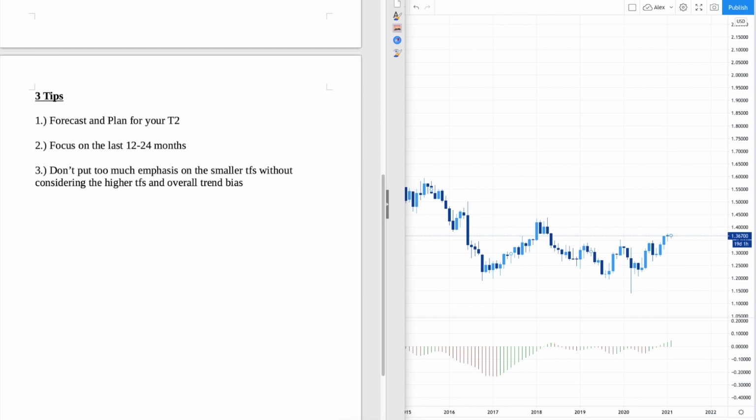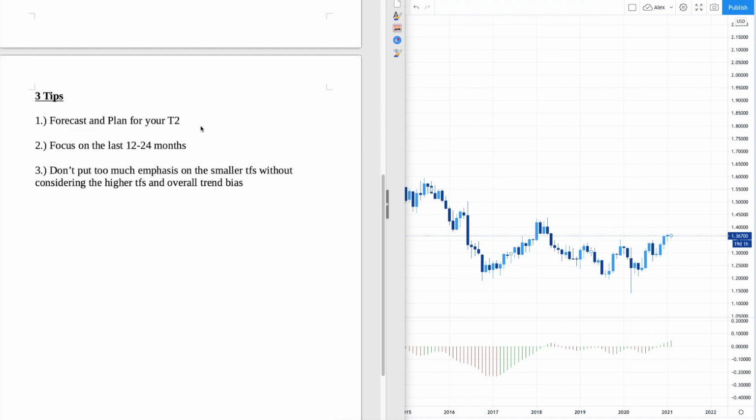It's like they're looking for some Superman-style heroic trade, and then they can brag to all their friends and massage their ego and say, look at me, I risked 10 pips and I made 100. And it's just like, well, you've got nothing to prove to anyone but yourself. So don't get too overzealous with your trading. Don't get too excited. So of course, forecast and plan for your T2, but have a T1 in there.